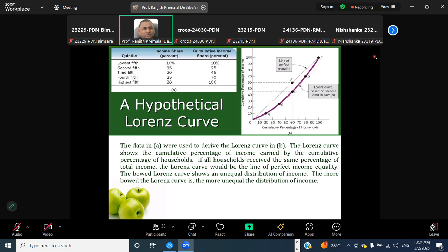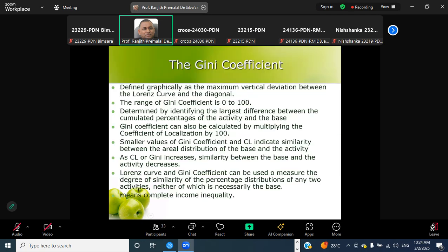So this is another kind of assessment of the difference between the actual share and what you received. The next one: from the Lorenz curve, we can calculate the Gini coefficient.